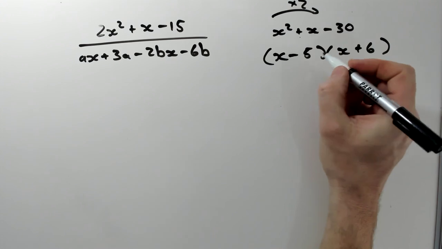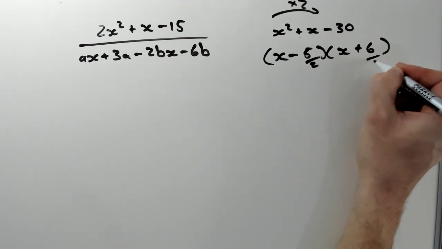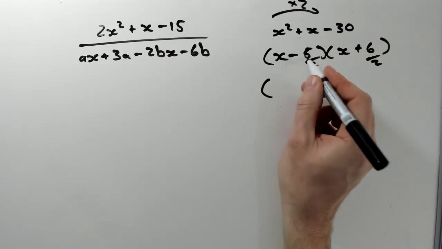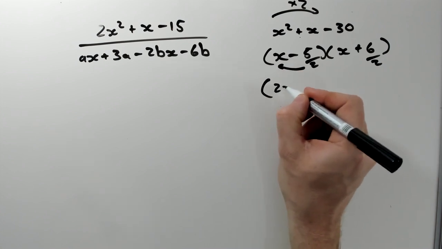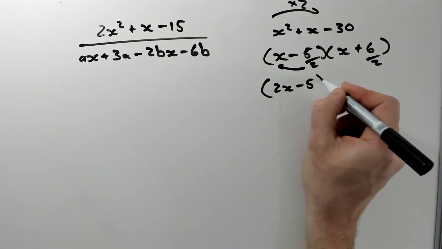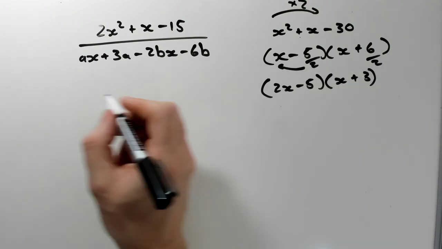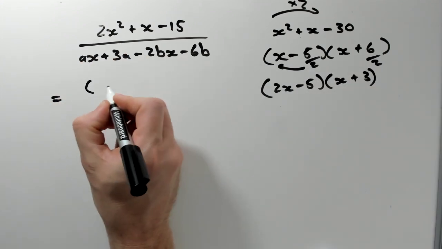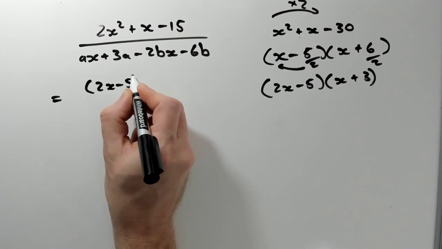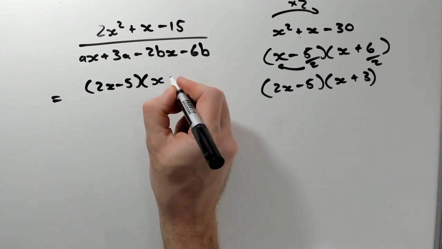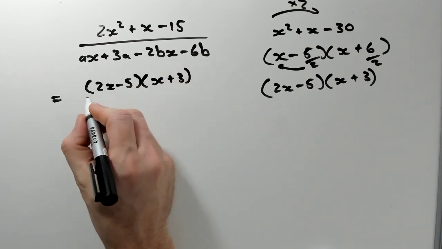And then because I multiplied by the 2, I'm going to divide by 2 on both sides, and that doesn't divide nicely, so I get 2x minus 5, and this is x plus 3. Okay, so the top would factorize to 2x minus 5. You can use your own method. That one just works easier and quicker for me.